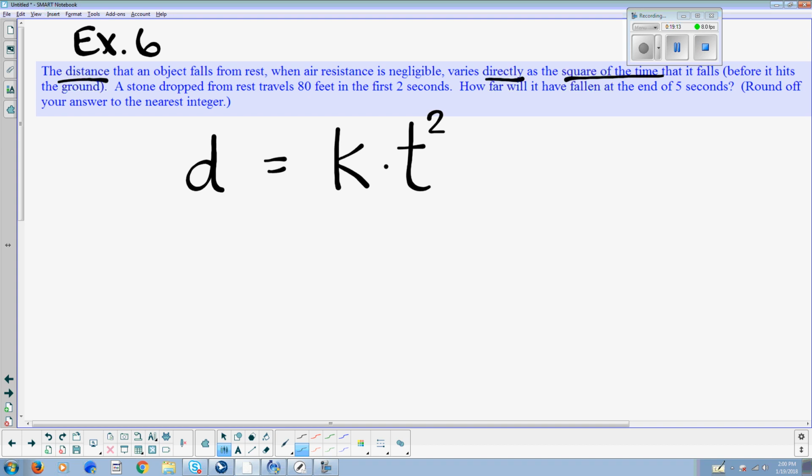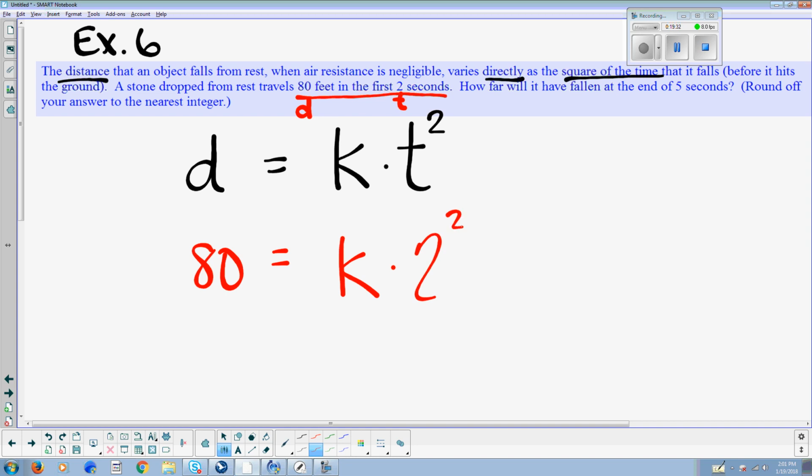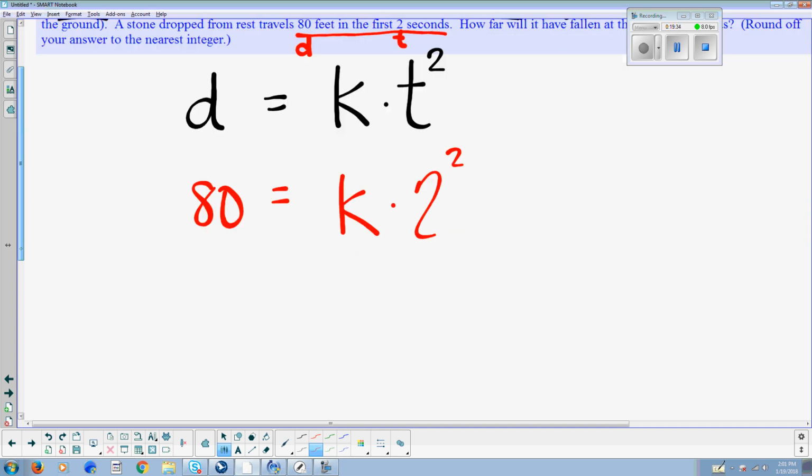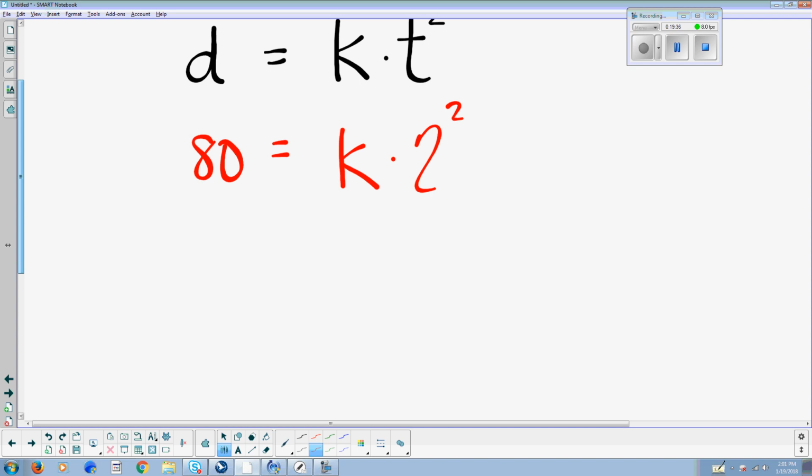A stone dropped from rest, so we're moving on to step 2. A stone dropped from rest travels 80 feet in the first 2 seconds. So its distance is 80 feet, and its time is 2 seconds. So we have substituted into our formula, and we're going to use this now to solve for K, our constant of variation.